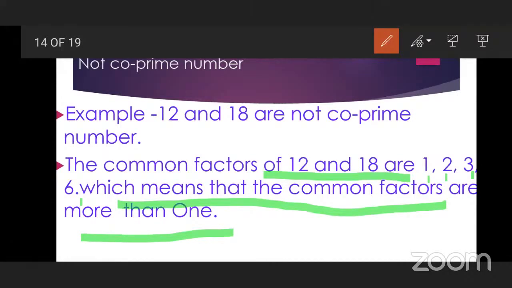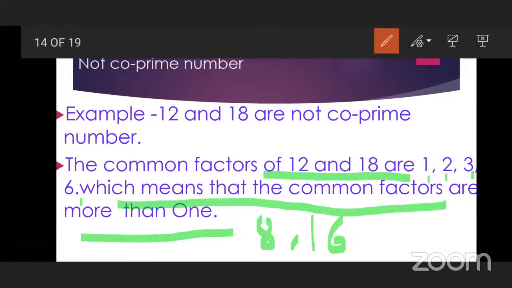Suppose I give you one more example: 8 and 16. Now tell me, is this a prime number or co-prime number? This is not a prime number because a prime number has only 1 and the number itself as factors.